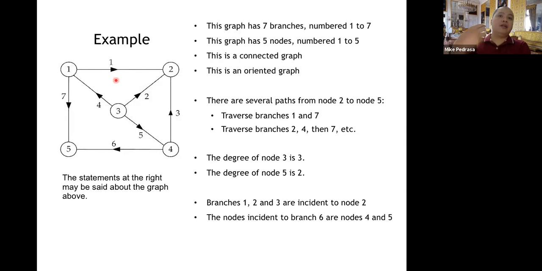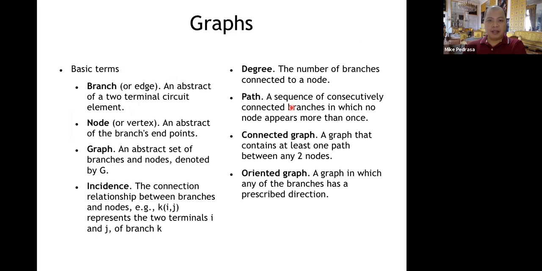We define current with magnitude and direction. Okay, so hindi natin sinasabi na the current in this wire is 2 amperes. Okay, we specify kung ano yung direction ng current, okay, along the wire. Okay, now, take note that in the definition of path, a path is a sequence of consecutively connected branches.